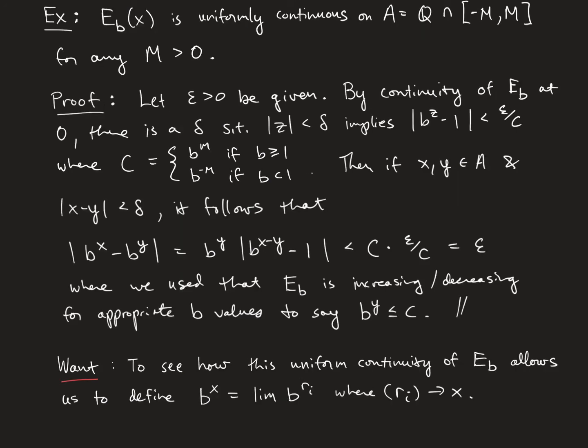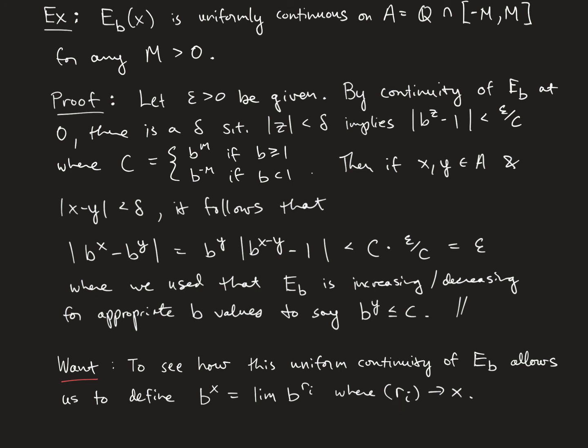So now our last little goal before we end this lecture is to see how this uniform continuity of our exponential function on the rationals allows us to define b to the x as the limit of b to these rational numbers, where we have this rational sequence converging to x. So we want to say that this limit of b to these rationals makes sense. Basically, when we have a limit in the domain, then the limit of the images of the r_i also exists.